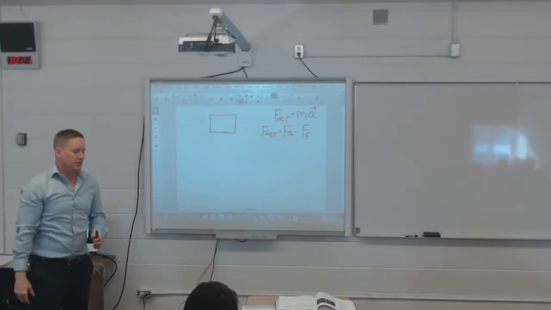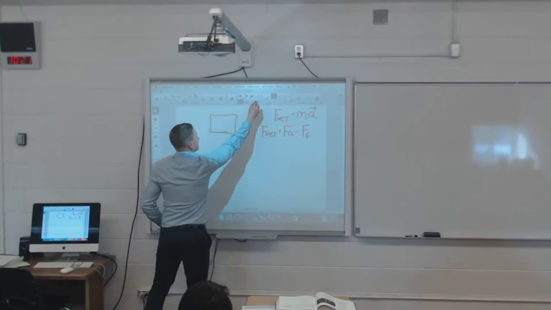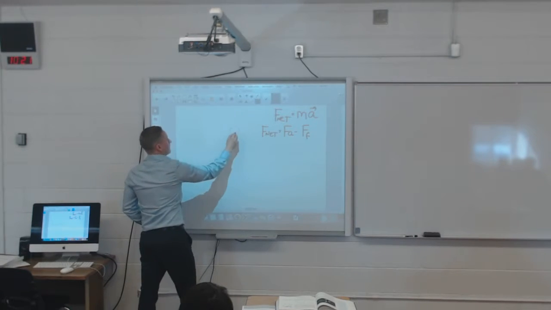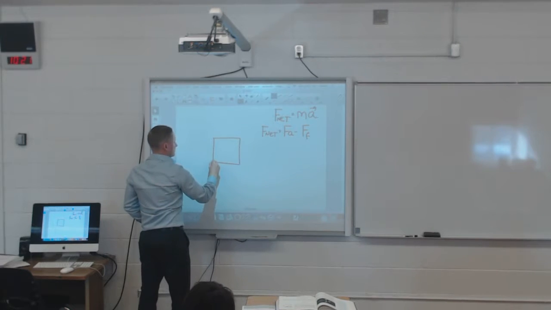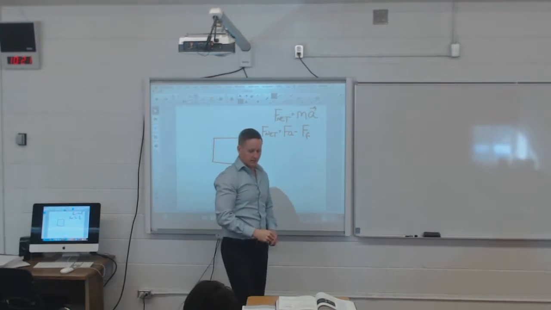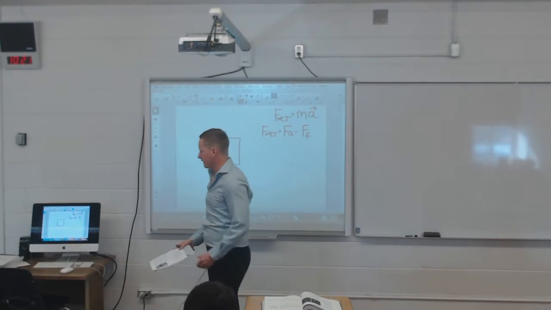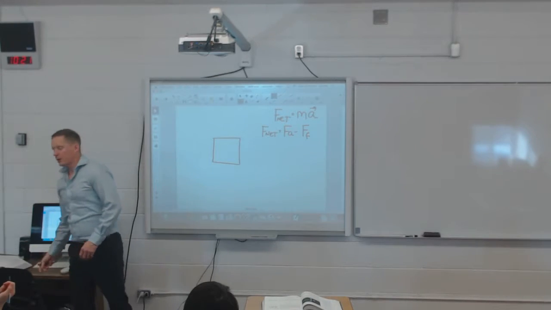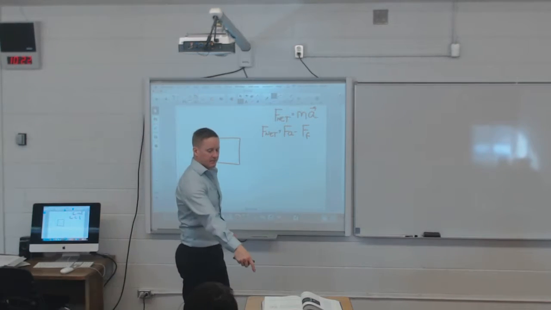So today, what we need to do is take a look at an object such as that textbook right here on this desk. Currently, there are two forces acting on this object.